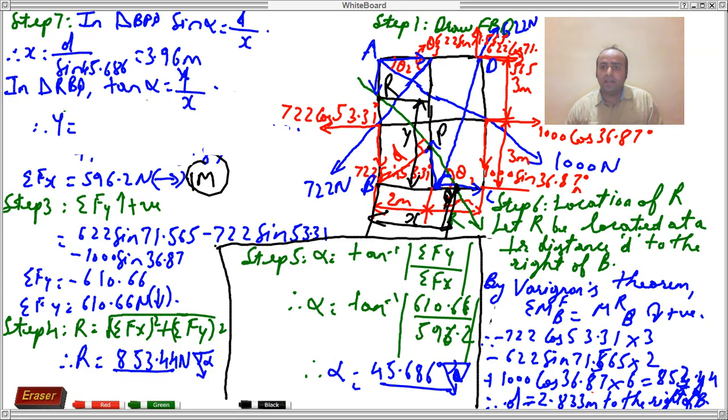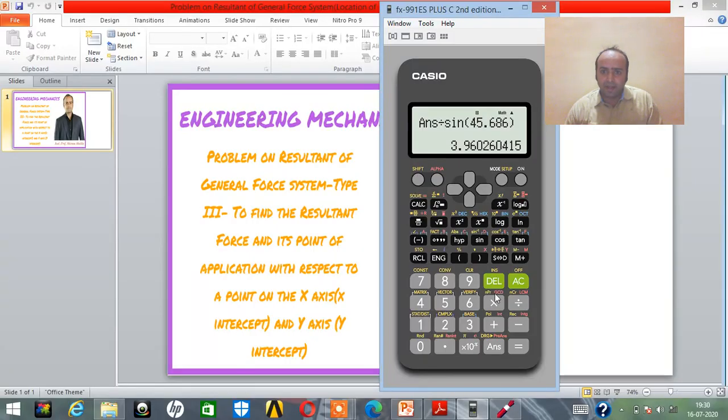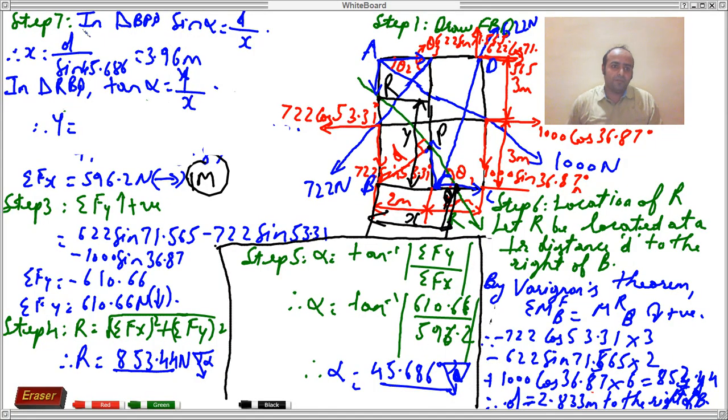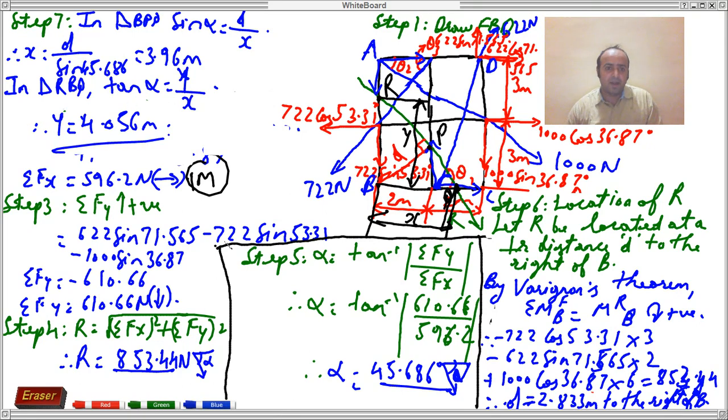X is already there, so I'll be multiplying the value X into tan of 45.686. Here it is, 4.056 meter is the answer.